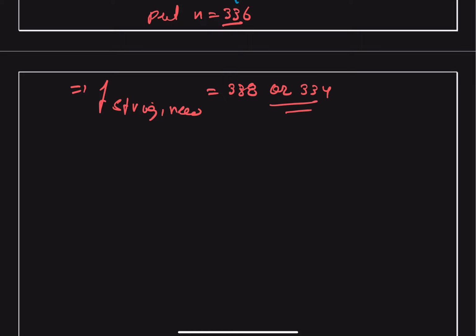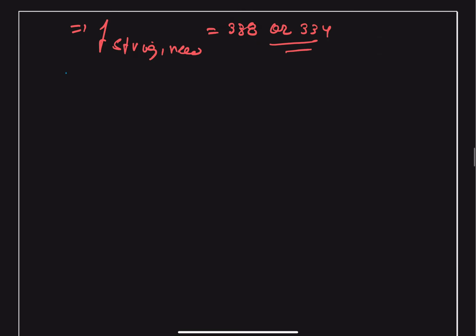But once again, the f string new should be greater than 340 as per equation number 1. So from equation 1, f string new should be greater than 340. Here the inconsistency arises.